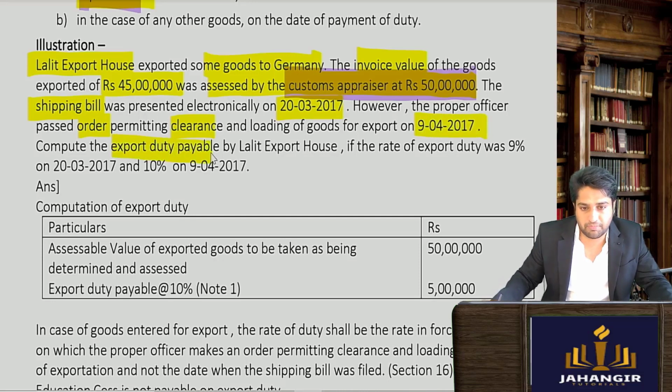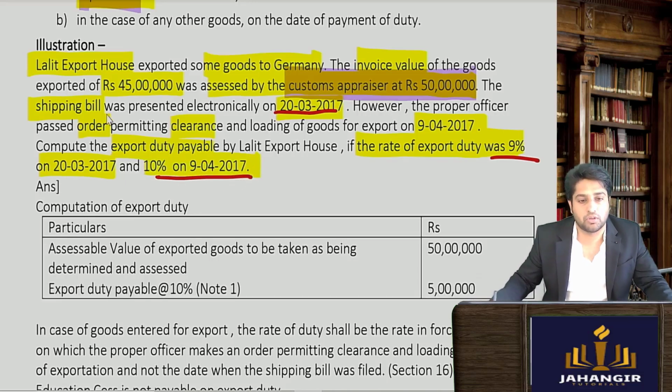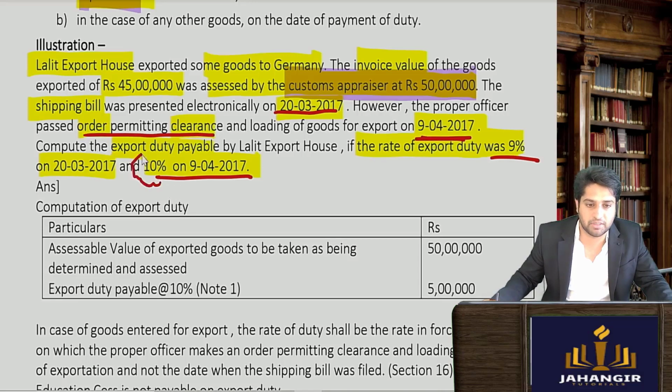Compute the export duty payable by Lalit if the rate of export duty was 9% on 28/3/2017 and 10% on 9/4/2017. तो देखो जब ऑर्डर ऑफ क्लियरेंस किया था, तभी ये डेट था, उस दिन पे कौन सा रेट चल रहा था, 10%. सो वी विल ऑल्सो टेक 10%.